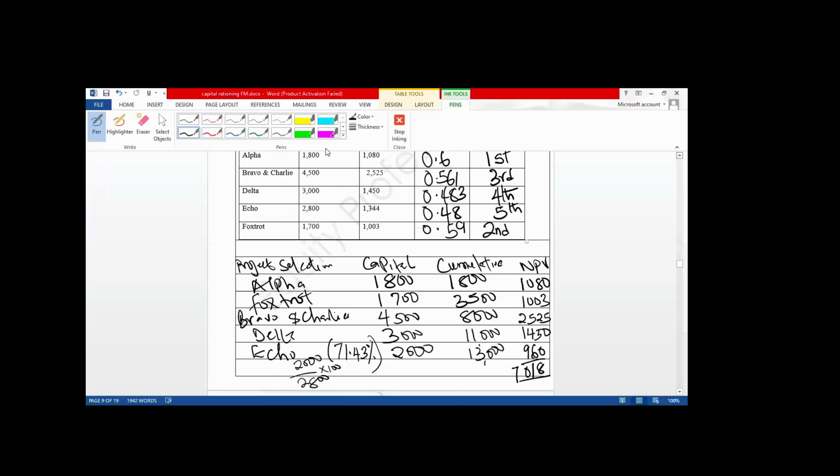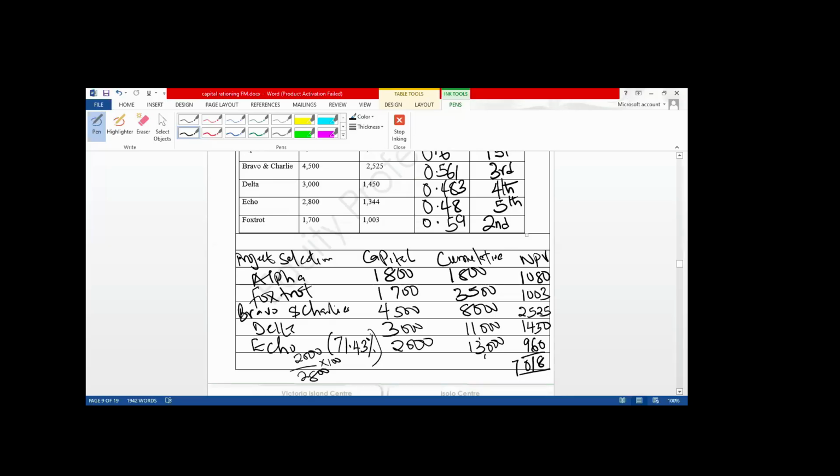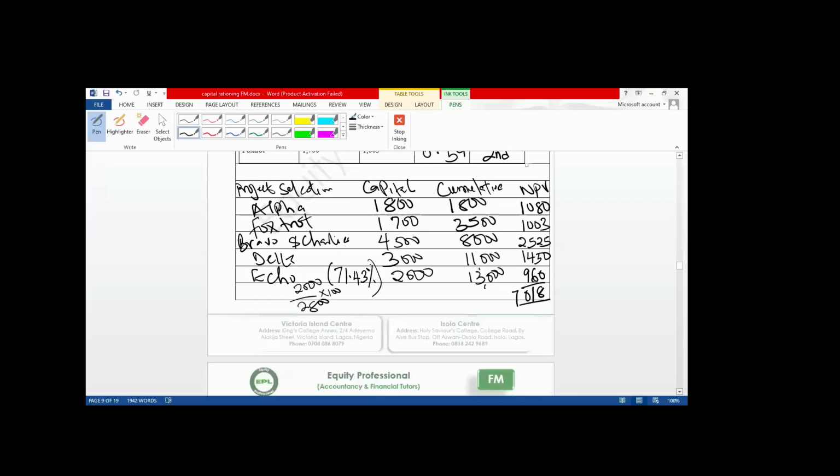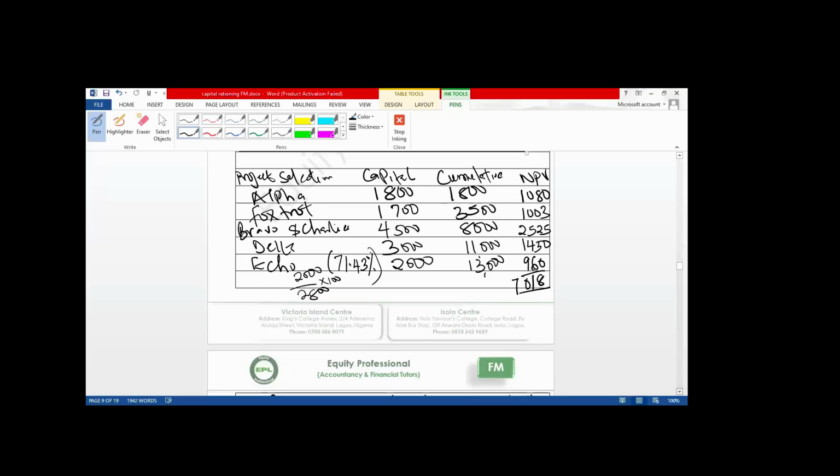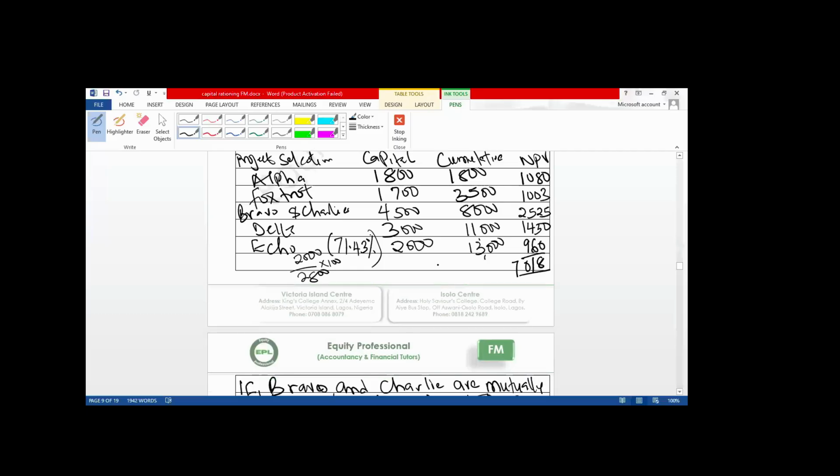Look at project Echo. The NPV is 1,344. You now take 71.43% of 1,344. Because you are not doing 100% of Echo, you cannot take 100% of the NPV.